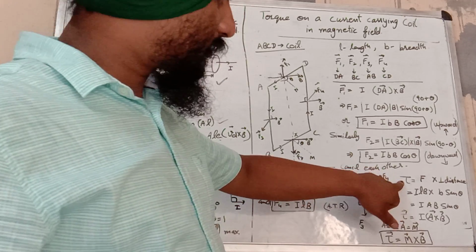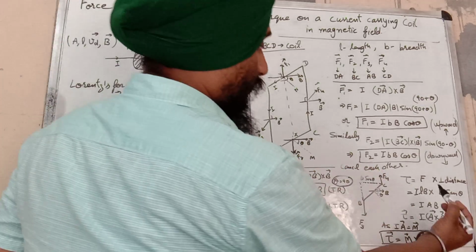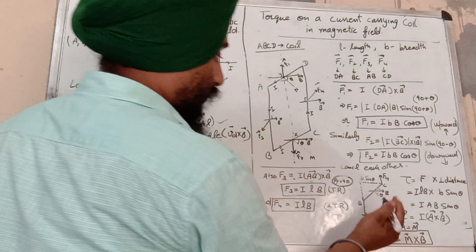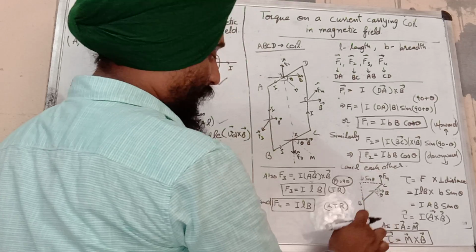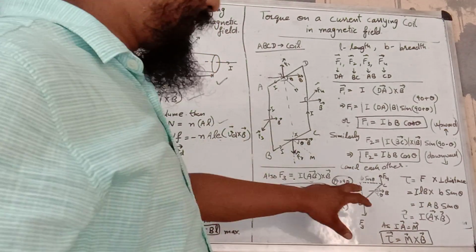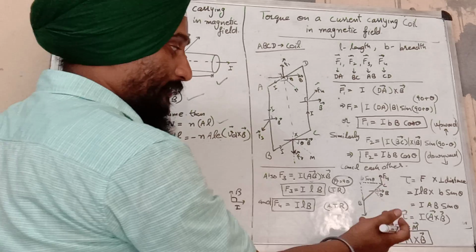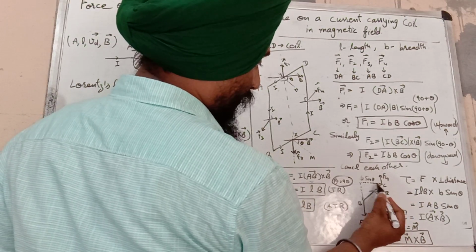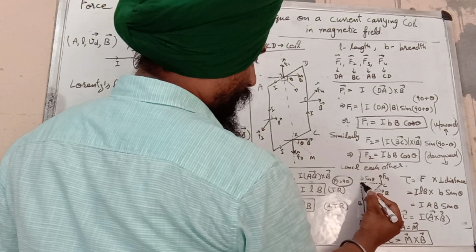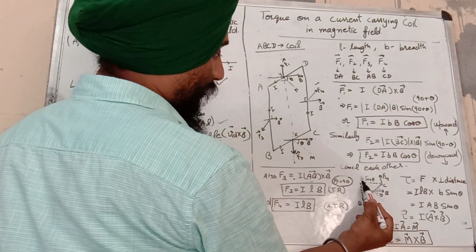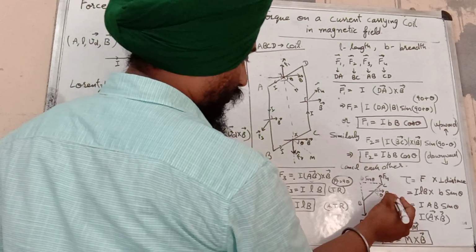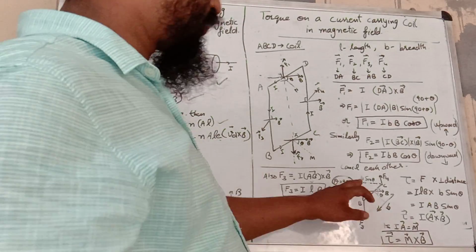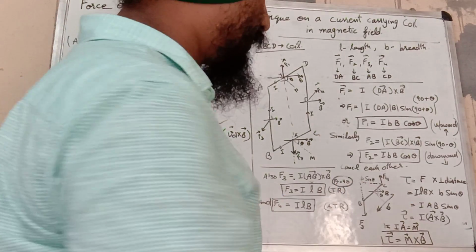This torque can be calculated as force into the perpendicular distance between the two forces. The perpendicular distance between F3 and F4 can be calculated by trigonometry as b sin theta.